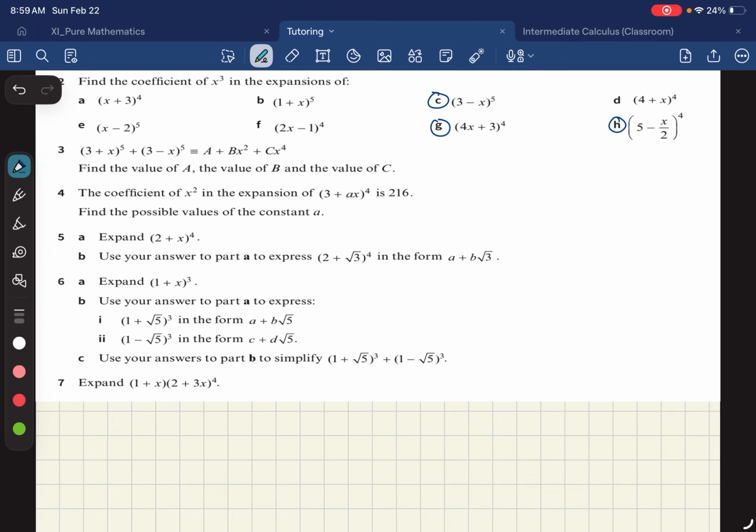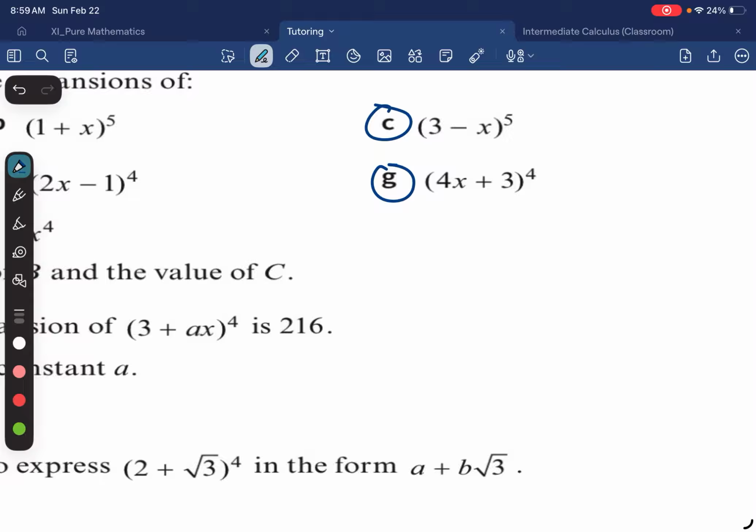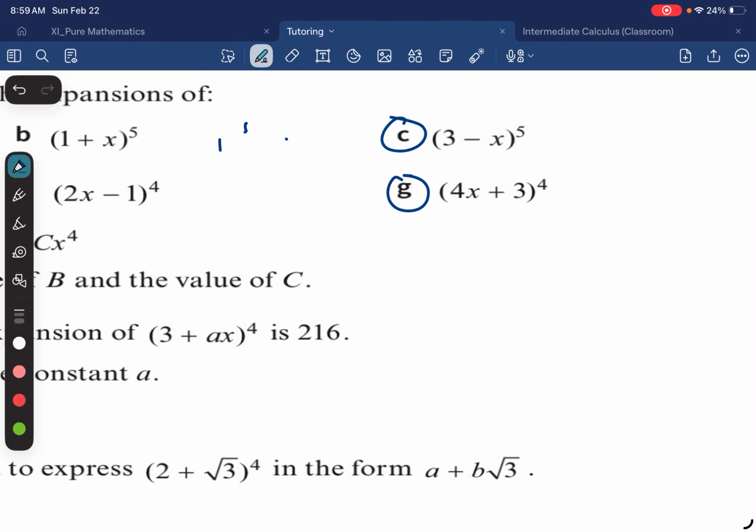I'll leave the rest to you because the idea is going to be very, very similar. So let's draw our Pascal's triangle. 1, 1, 1, 2, 1, 1, 3, 3, 1, 1, 4, 6, 4, 1, 1, 5, 10, 10, 5, 1. So this is n0, n1, n2, and so on, right?